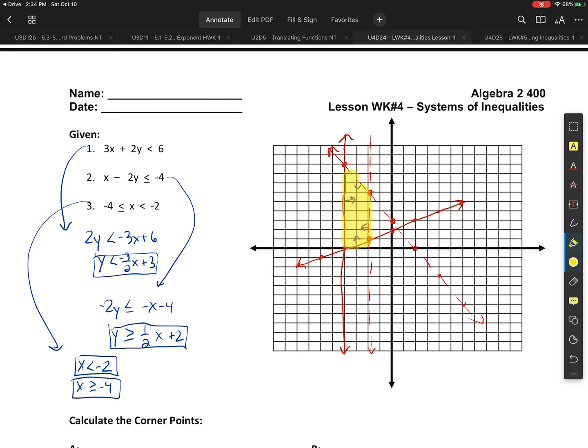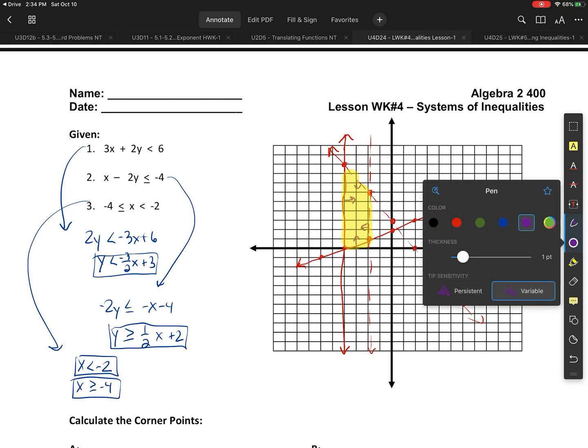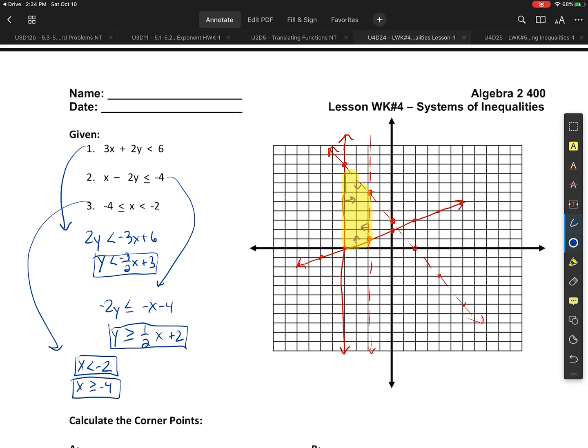Alright, corner points. How many do I have? I got 4. What types do we have? Let's see. Here we have open, open, open, solid. A, B, C, D.